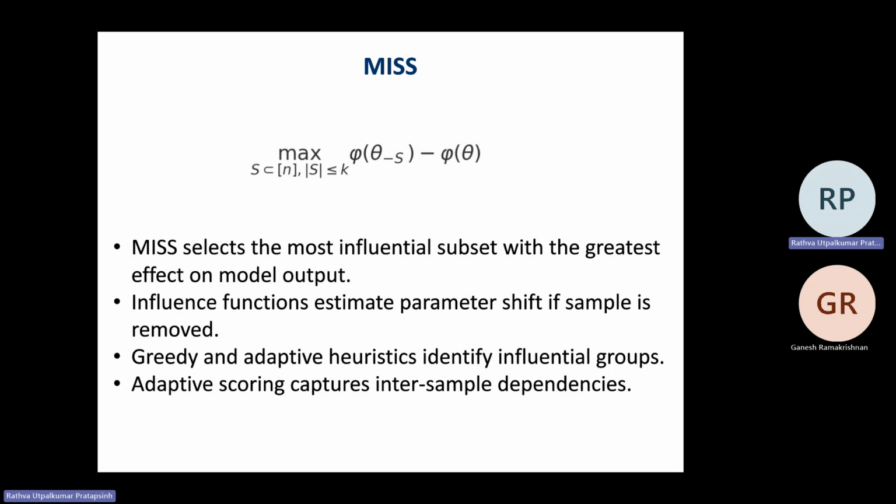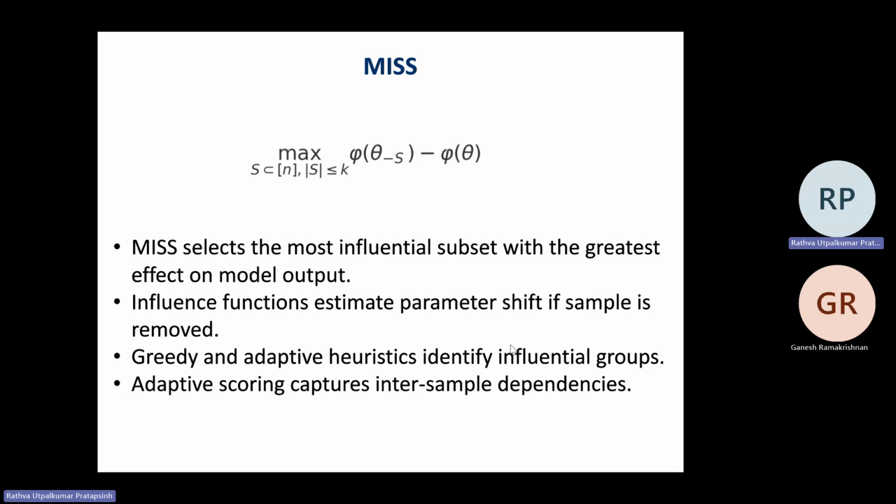In this MISS, most influential subset selection, we first remove the most influential data subset from the training set and then retrain, and try to maximize the prediction difference between these two models. That's how I find the most influential subset.